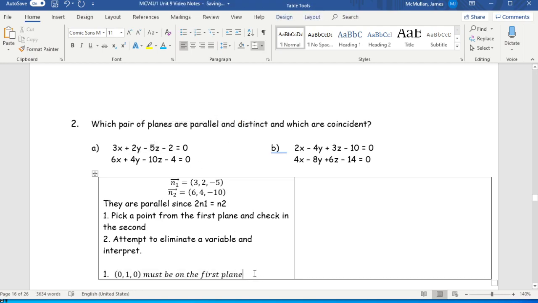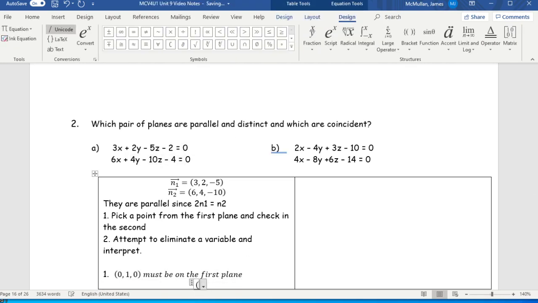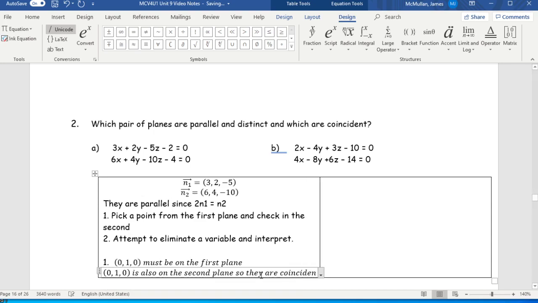So that point is definitely on there. Check it on the second plane: 6 times 0, 4 times 1 is 4, 10 times 0 is 0, subtract 4 is 0. So 0, 1, 0 is also on the second plane, so they are coincident.